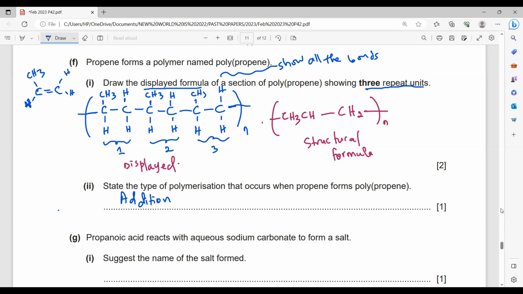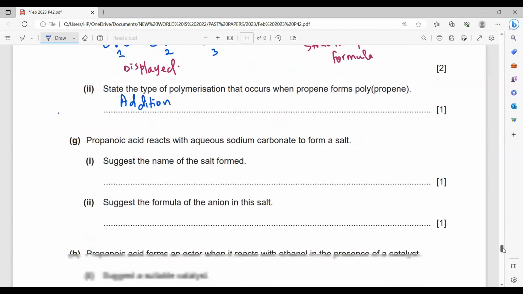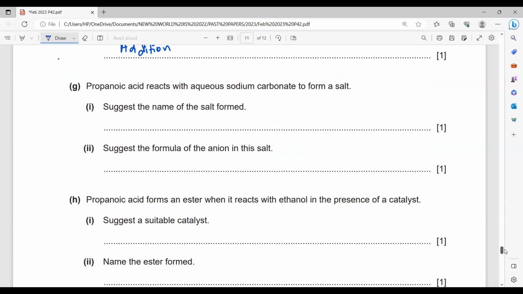The next thing we need to do is look at propanoic acid reacting with aqueous sodium carbonate to form a salt. So they're testing you on reactions of carboxylic acids.